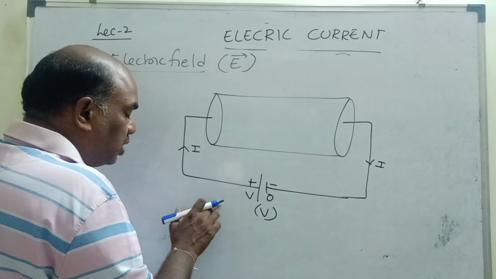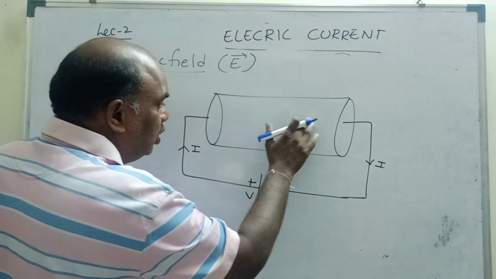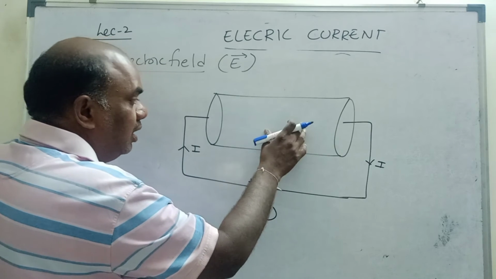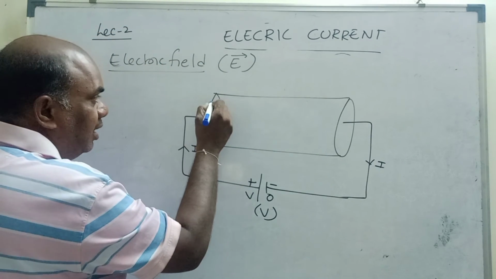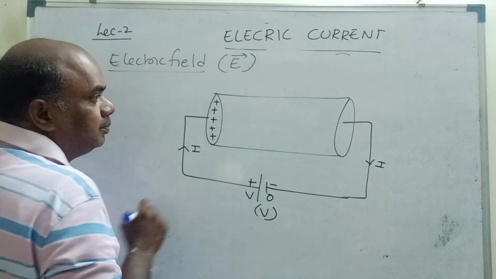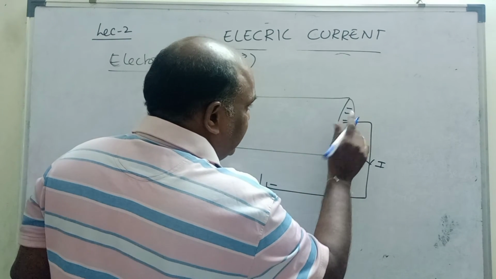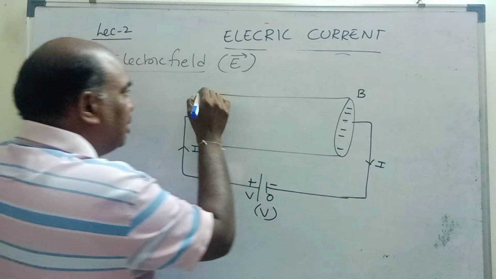Whenever the battery acts, all uniformly distributed electrons are pushed to this side, so that positive charge exists here and negative charge exists at the other terminal. Let us consider this is B terminal, this is A terminal.